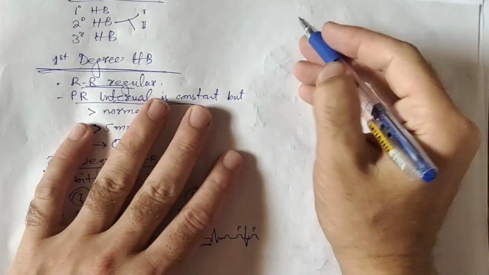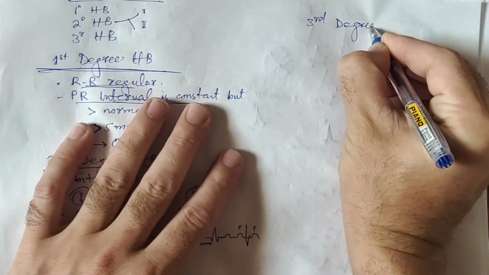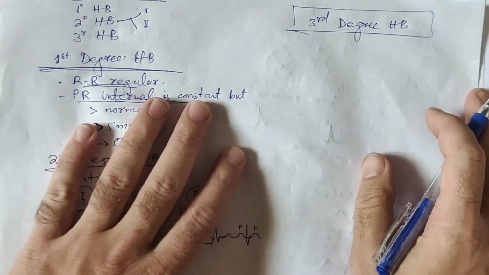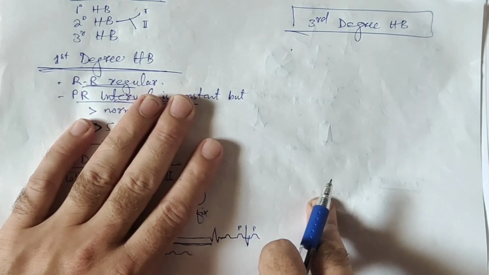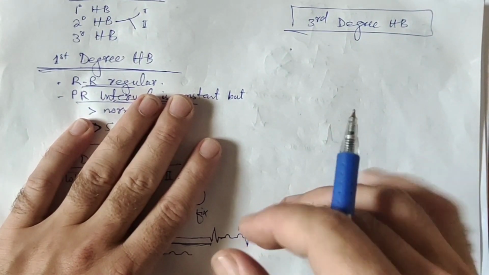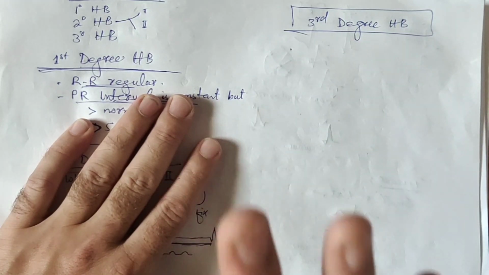Now we move to third degree heart block. In third degree heart block, there is no association between P and QRS complex. No relation between atria and ventricles. Atria contract by themselves and ventricles contract by themselves.